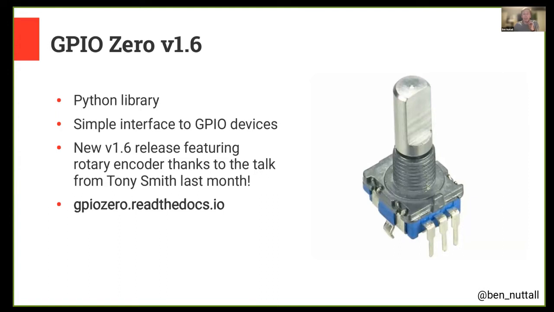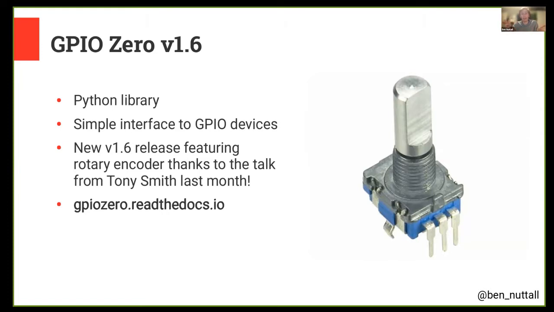Just a quick shout out before I get into the talk. GPIO Zero is a Python library that I created with a guy called Dave Jones. It's a simple interface to GPIO devices. Rather than being another pin library with a different way of turning pins on and off, it's about the abstraction of devices. You create an instance of an LED and control it with its methods. It provides interfaces to a variety of different components.